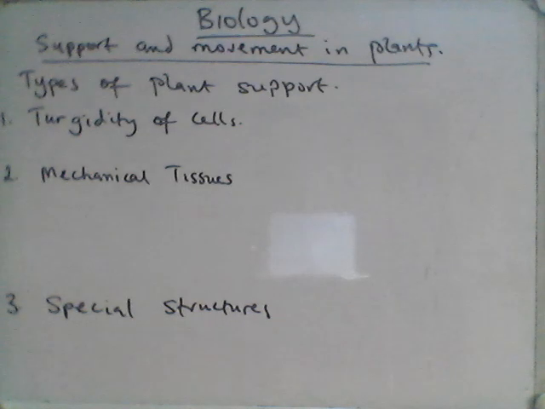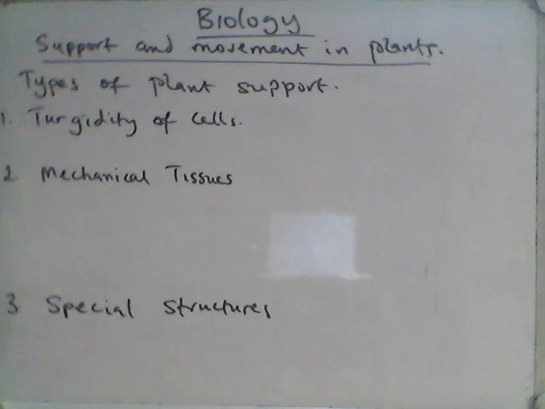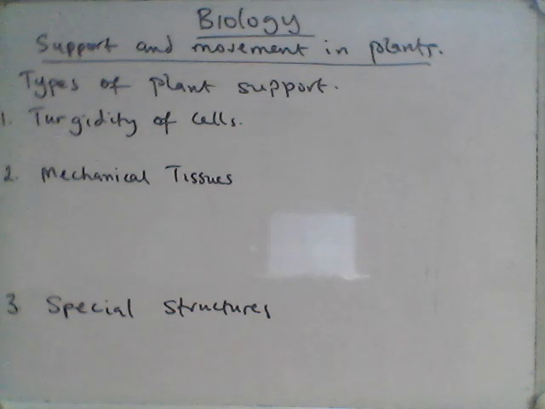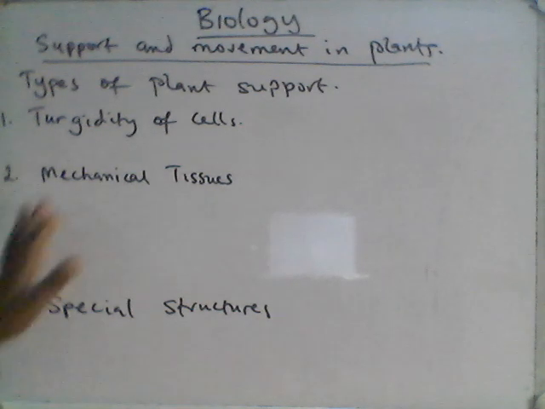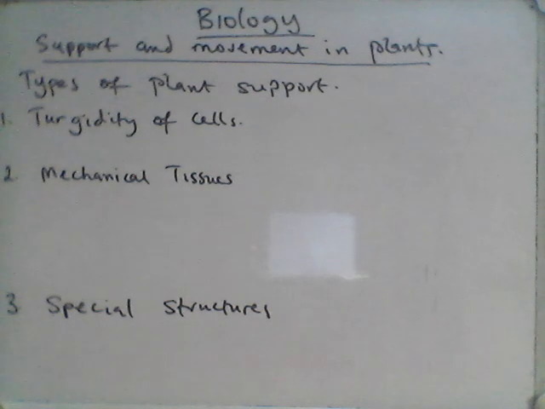So we're diving into support and movement in plants, and you have types of plant support. So what are the types of plant support? I have the rigidity of cells, then we have mechanical tissues and special structures. Under the rigidity of cells, you have water pressure.